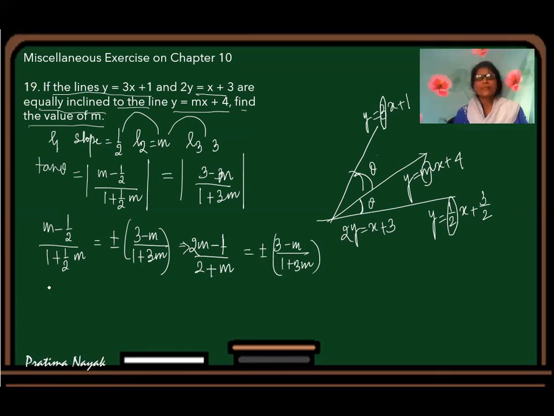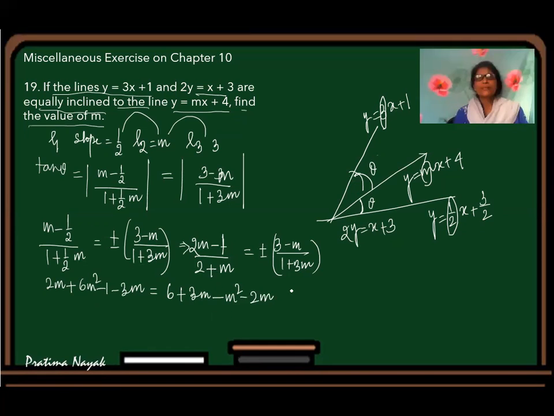So cross multiply, it will be 2m plus 3m, 6m square minus 1 minus 3m is equal to, I'm writing plus 1 first, then I'll go for writing the other angle. So I'm taking a plus now. This will be 2 into 3, 6 plus 3m minus m square minus 2m.